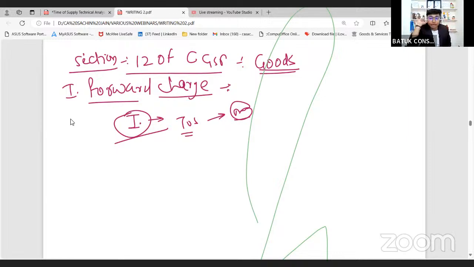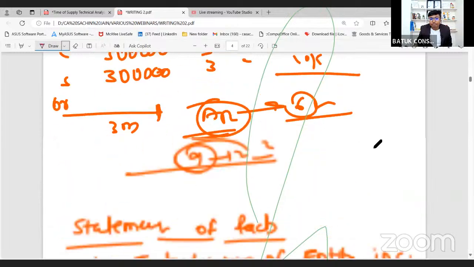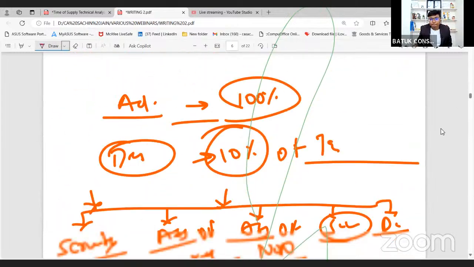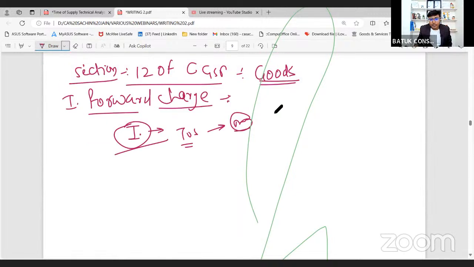Okay, so time of supply in case of forward charge in case of goods will be the date of invoice. क्योंकि मैं ये भी तो कह सकता था कि सर पेमेंट की डेट क्यों नहीं ले सकते हम लोग? Why will we not take the date of payment?